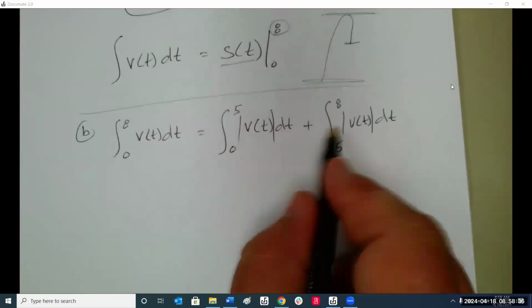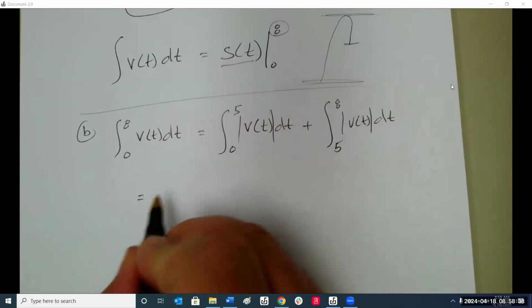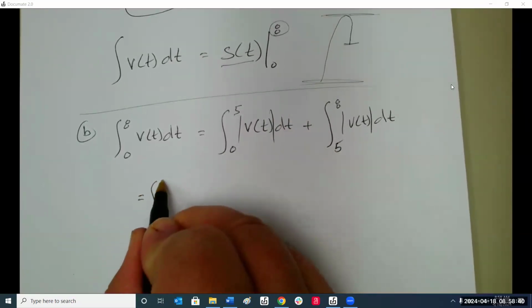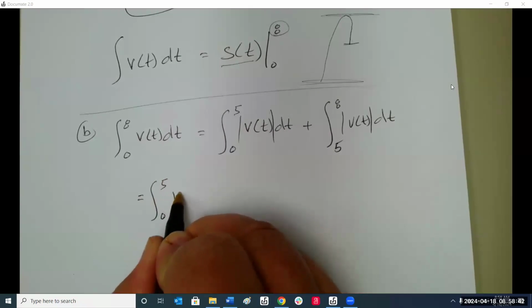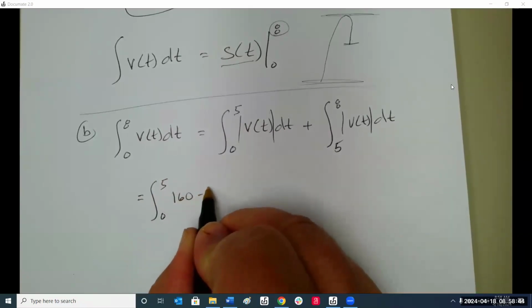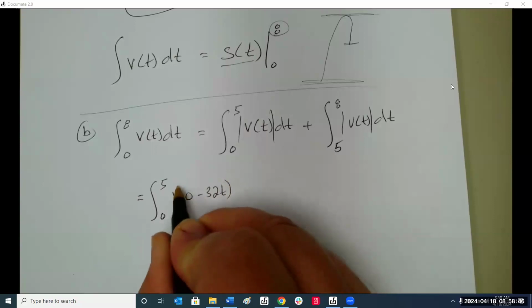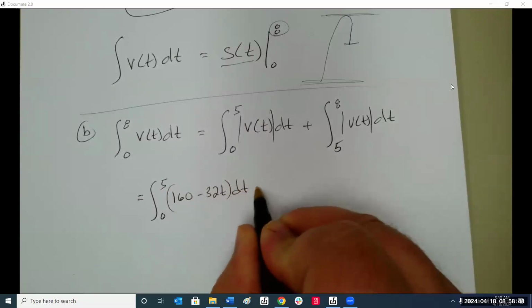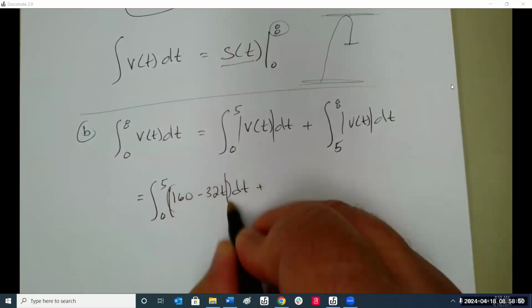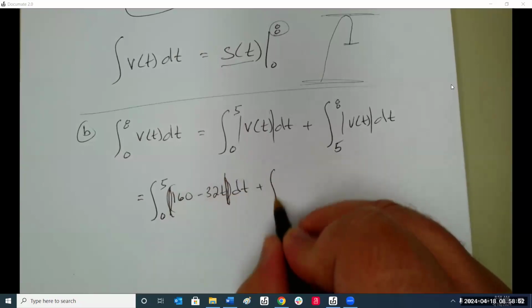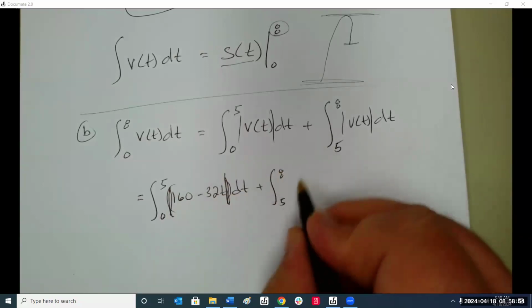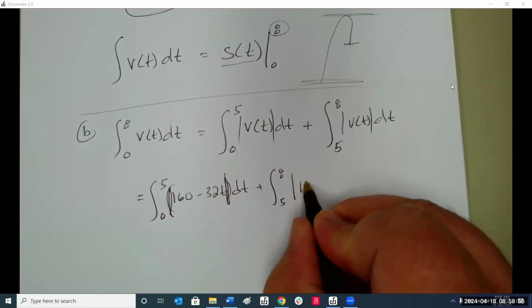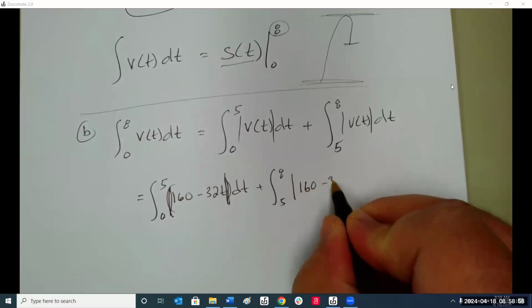So it's going to be the integral from 0 to 5 of the absolute value of 160 minus 32t, plus the integral from 5 to 8 of 160 minus 32t.